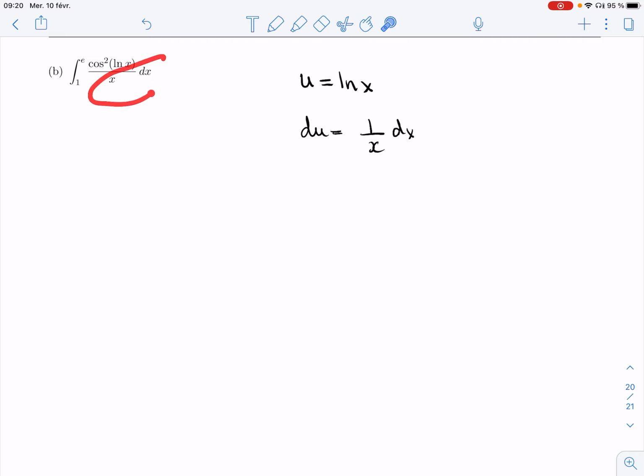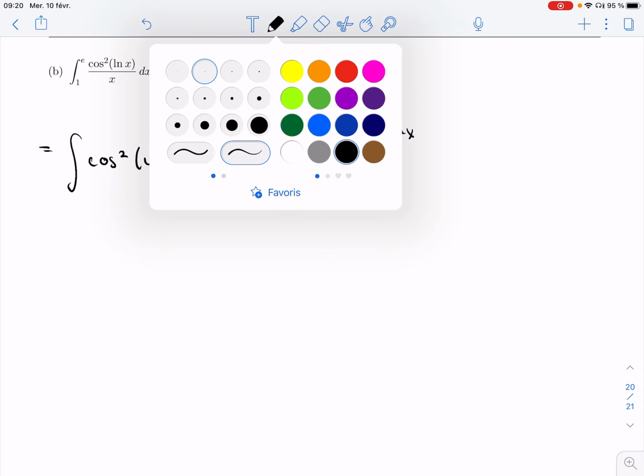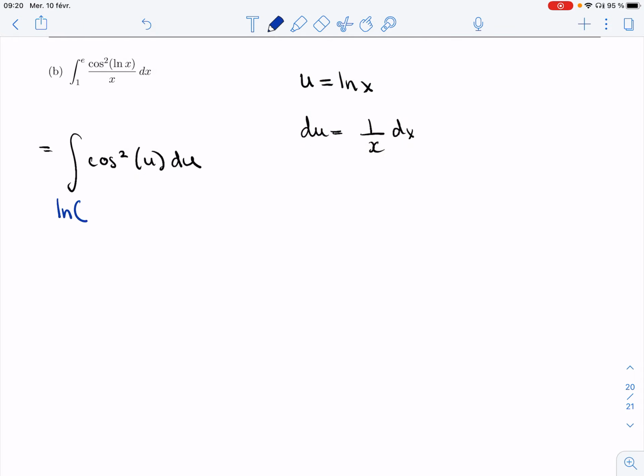I have the du here, so this would be cosine squared of u du. Let me apply the change to the bounds directly. You don't have to do it separately. So we're told to apply the function to the bounds. So here I'm going to apply log to them. I'll get log of 1 and log of e. So my bounds, if you evaluate them, are 0 and 1.